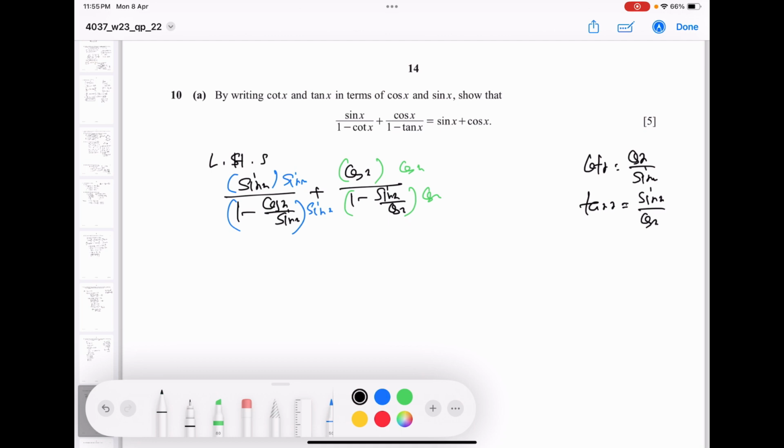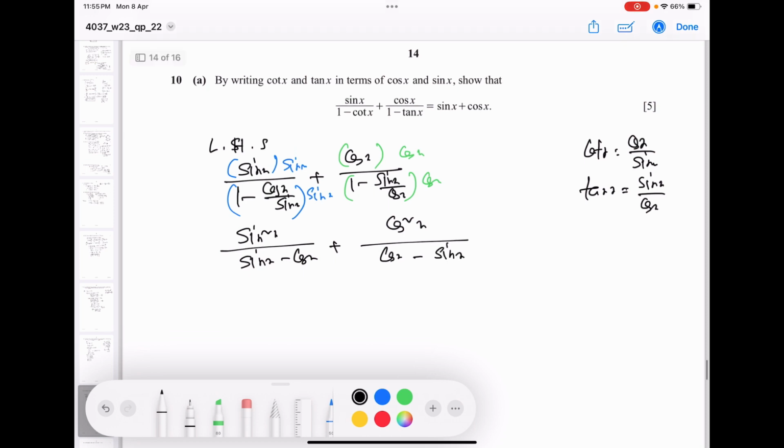Now let's see the result. sin square x, sin x times 1 is sin x, and sin x cancel, plus cos square x, cos x times 1 is cos x, and cos x cancel.